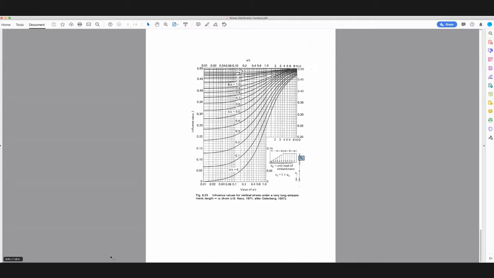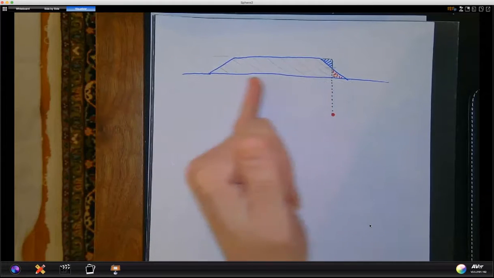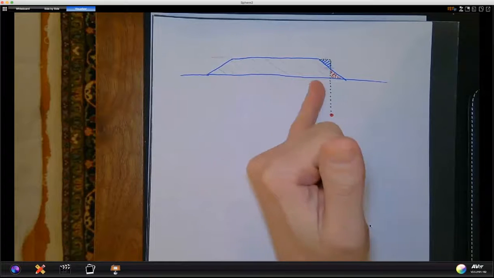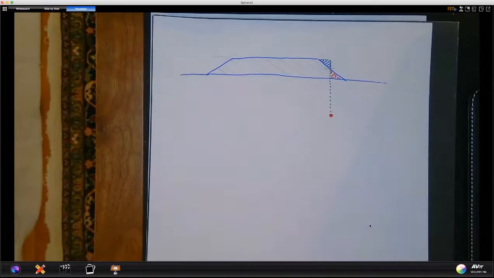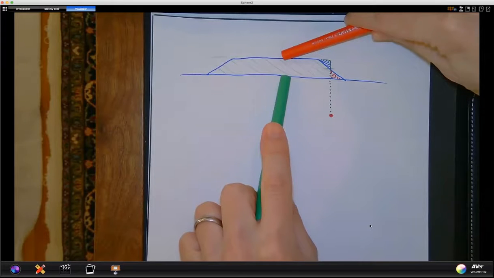When you are among the main bench of the embankment, I'll go back to the drawings for a sec here. When you're anywhere in this mid region, it is in fact gamma times H, where H is that embankment height, the distance between the two pins.